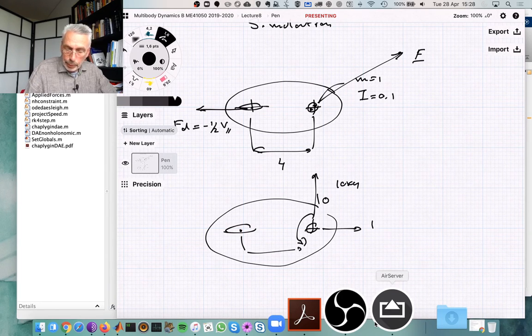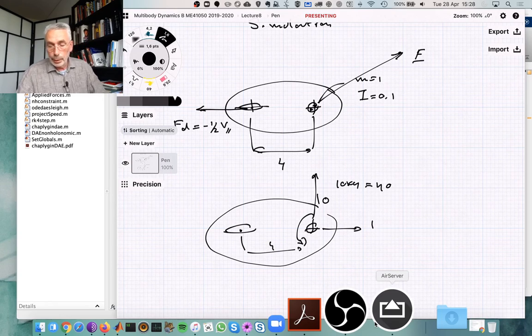This distance is 4 in the upward direction, so being 40. And if we do that, then the velocity here is 0, and these should be correct initial values.